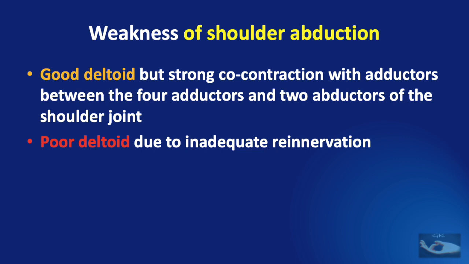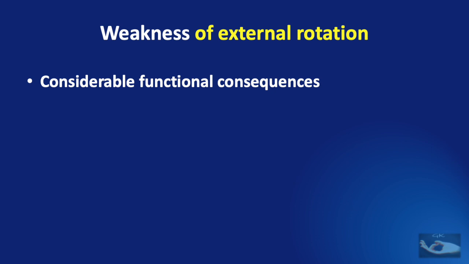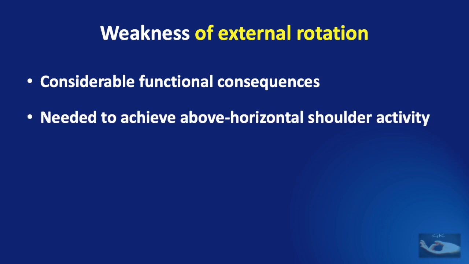resulting in weak shoulder abduction, or the deltoid itself may be poorly innervated. When there is a weakness of external rotation of the shoulder, it can cause considerable functional consequences. External rotation of the shoulder is necessary to achieve above horizontal shoulder activity, for example, reaching the hand to the occiput or the forehead.